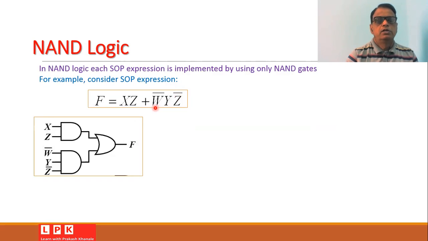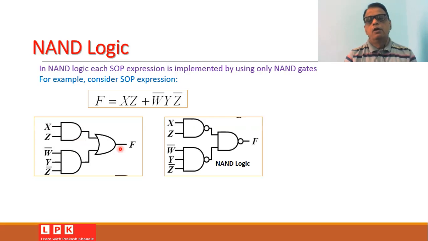Now we know that such an expression can be implemented by using two AND gates and one OR gate. The first AND gate will have the inputs X and Z. The second AND gate will have the inputs W bar, Y and Z bar. The output of both the AND gates are connected to the OR gate, of which the output is F.